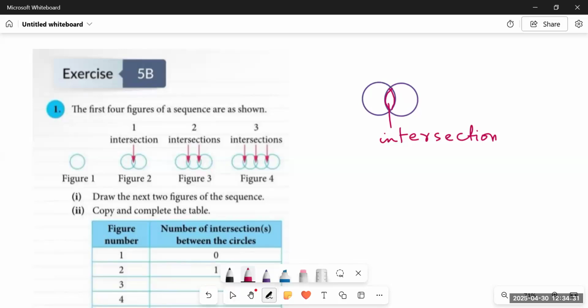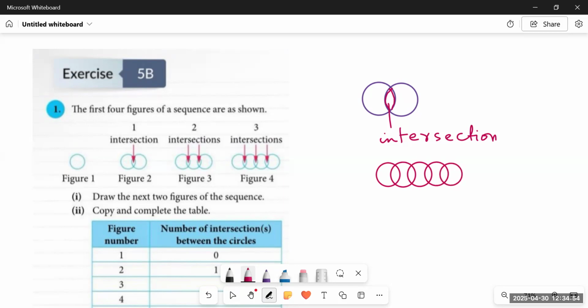Since we have to draw the next two figures, what are we going to do this time? We are going to draw 5 circles, 1, 2, 3, 4, and 5.